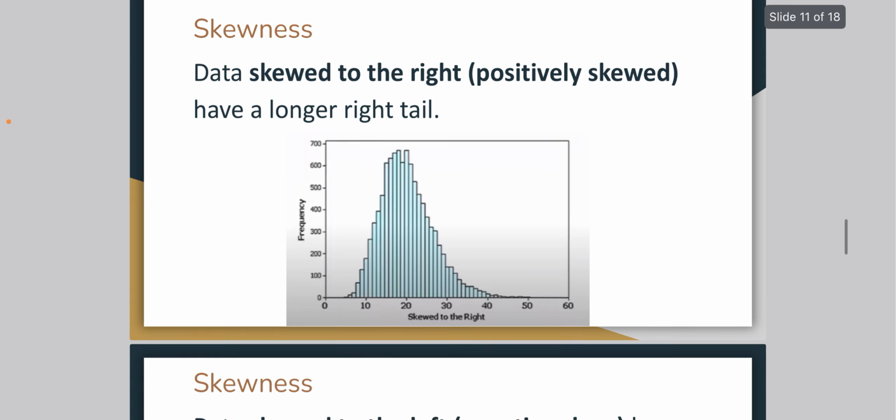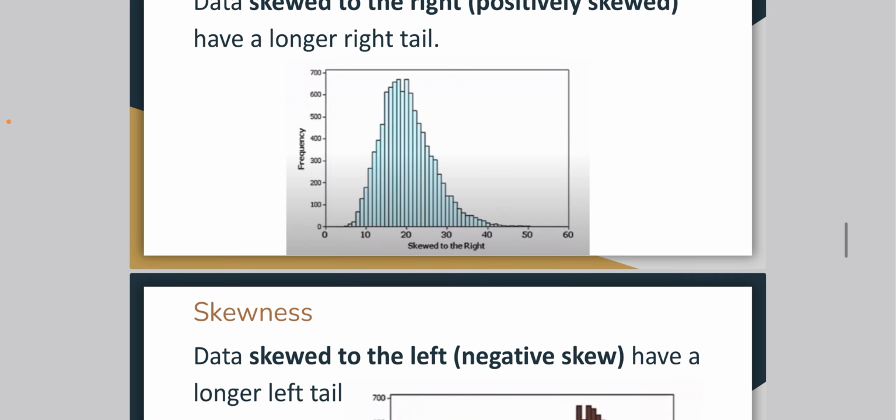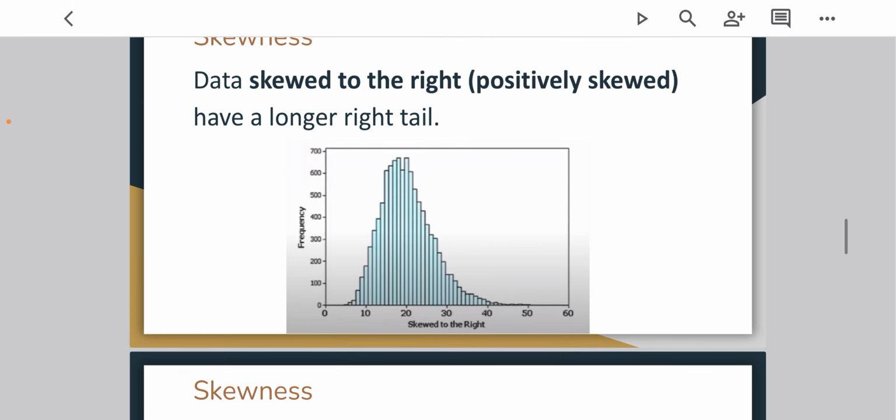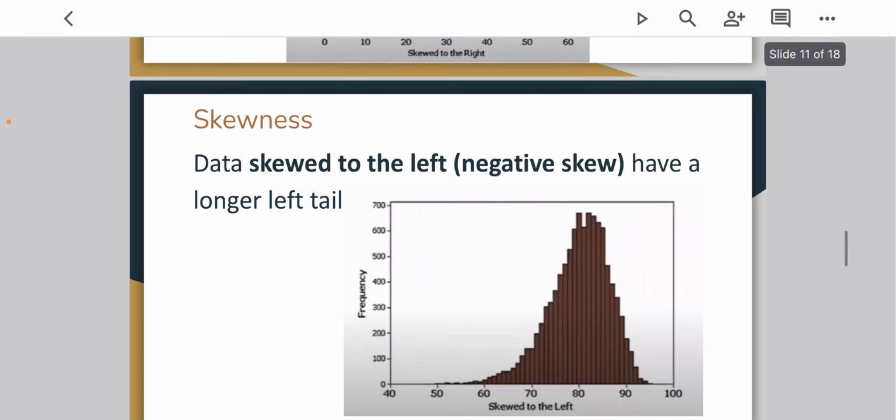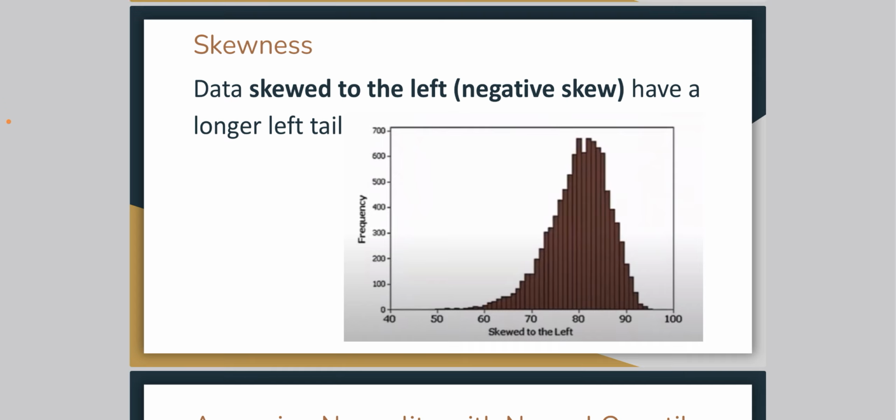So data skewed to the right, you see it goes down to the right. It has a longer right tail. So that's kind of how you can remember it. Skewed right has the longer right tail. Skewed to the left, the longer left tail.